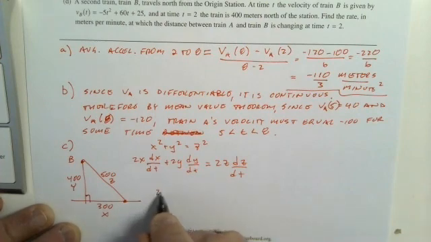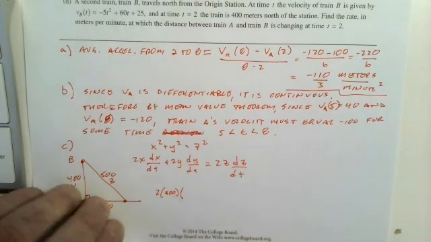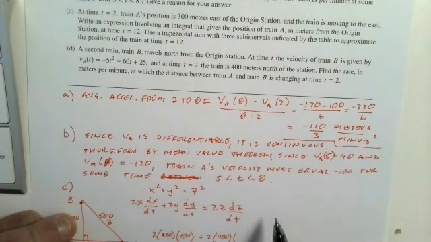Okay, 2 times 300 plus the rate at that time, 100, plus 2 times 400 times the rate at that time. Let's see if I can't figure that out.